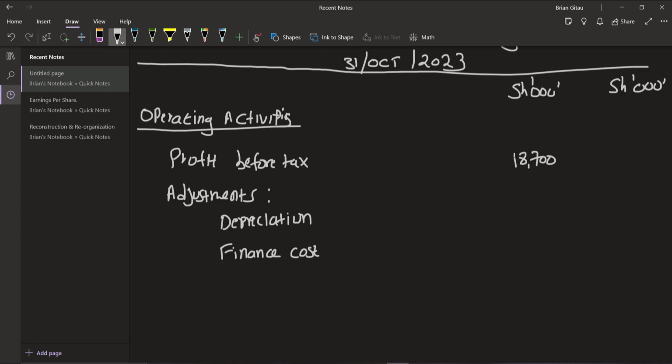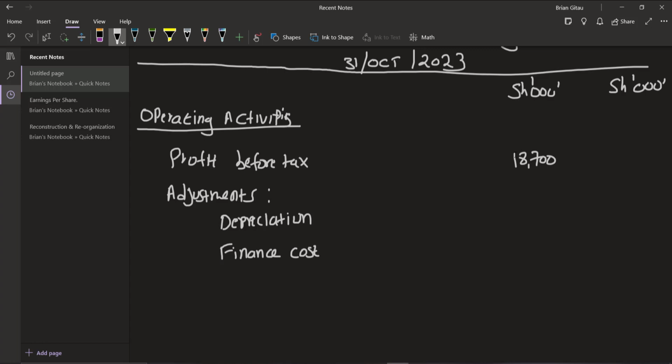And if a company has borrowed, automatically they will pay interest on the loans they have borrowed, and that interest is what we are calling the finance cost. Now these two are non-cash items, or they are not part of the operating activities of a business. That is why we are adjusting them from the profit before tax.